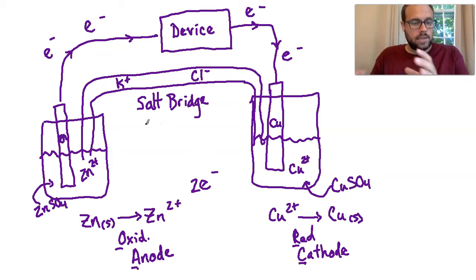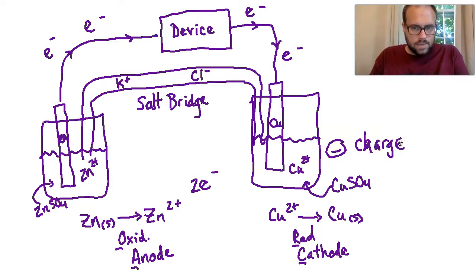Okay, so these 2 electrons are going to be passed, and that's what will power the device. It is important, again, that your salt bridge contains these ions because you're going to have too much buildup at different parts. So the cathode is going to have the cations because there's too much negative charge that can build up in the cathode. And because of that, you're going to have your cations headed towards the cathode. So that would be anything that is a positive charge is going to move towards there.